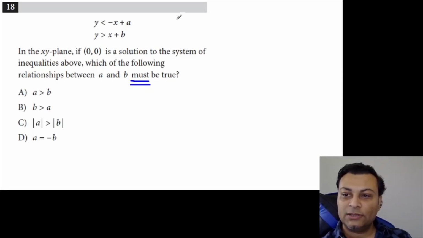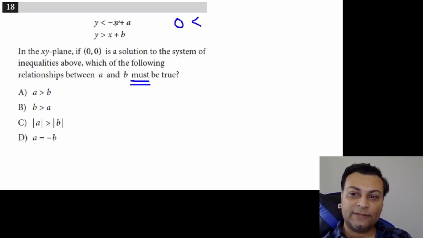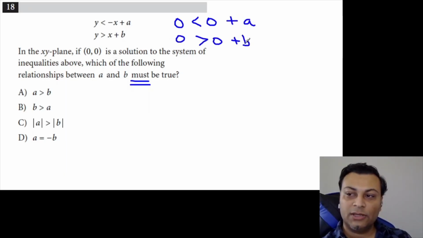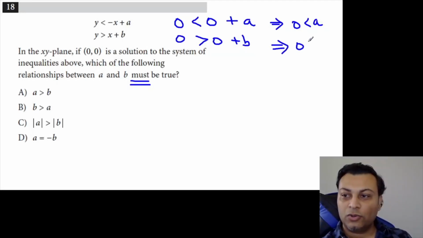Let's do that. 0 less than -0 is 0 plus a, and here we have 0 greater than 0 plus b. This simplifies to 0 less than a, and this simplifies to 0 greater than b. What does this tell us? Well, this tells us that A is a positive number and B is a negative number.